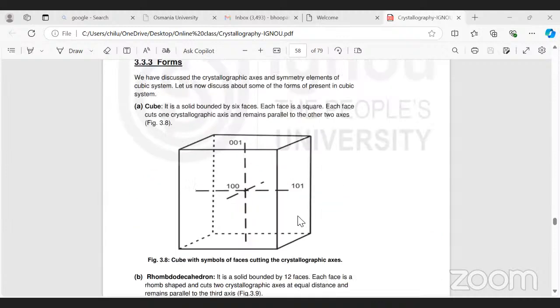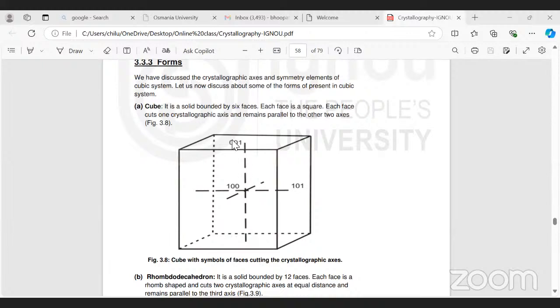In a cubic system, keep in your mind the forms or classes. One, it is a cube, it has six faces. Each face cuts one crystallographic axis. For example, the top face cuts one crystallographic axis. The remaining two it will not be cutting.